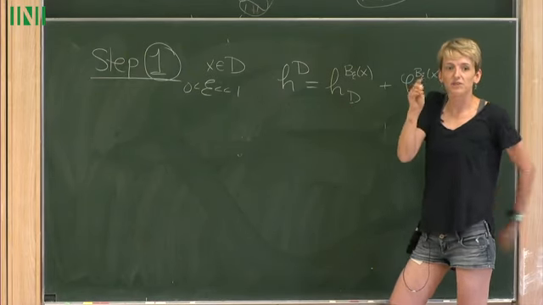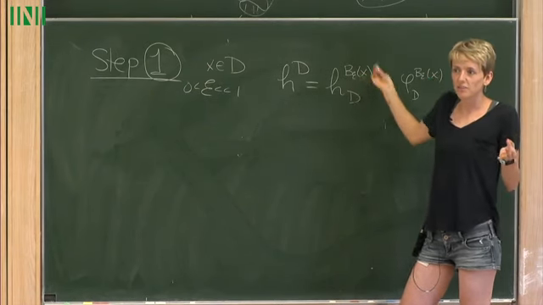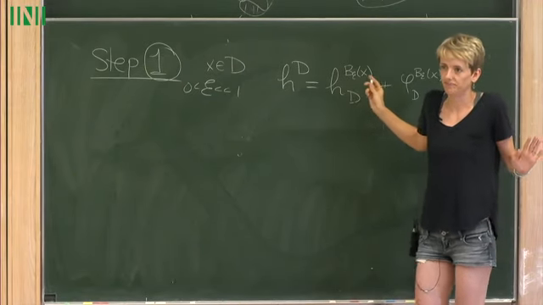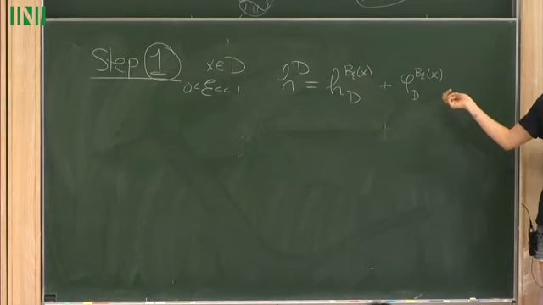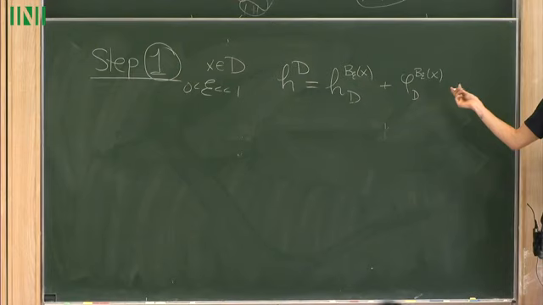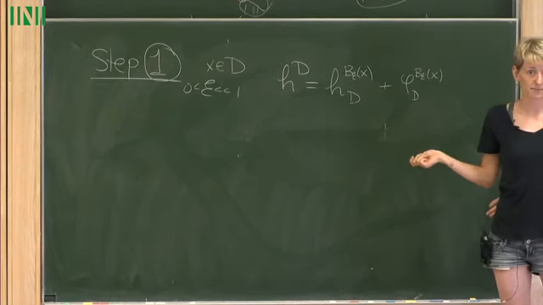So if I take its average on some circle which is just a tiny, tiny bit smaller than epsilon, this basically shouldn't have any contribution. Okay? And this part, well, this is a harmonic function inside the ball of radius epsilon, so of course if I take its average on a circle, it's just going to be the value at the centre.